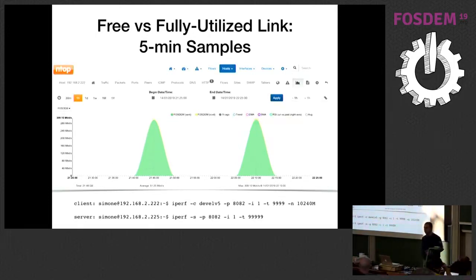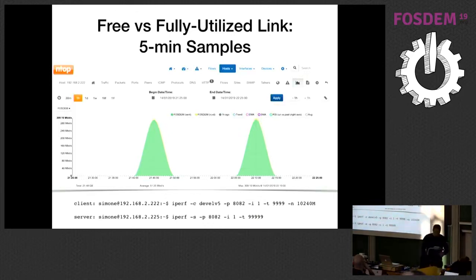The first bell-shaped curve that we see in this chart is the metric of traffic captured during the 10 gigs transfer with a free link. The second bell-shaped curve is the same traffic metric captured during the 10 gigs file transfer over the congested link.